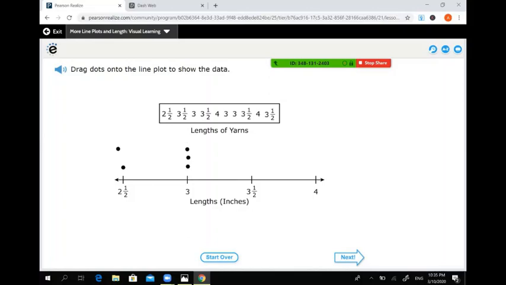The next one, 3.5. Let's see how many 3.5 do we have here. 1, 2, 3, and 4. So I will drag 4 points into 3.5 inches. And the last one, which is 4 inches. How many 4 inches do I have? 1 and 2.